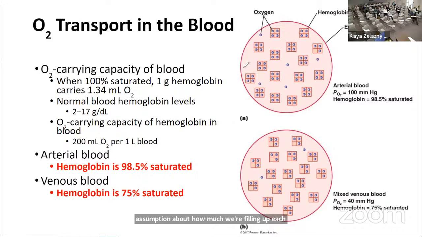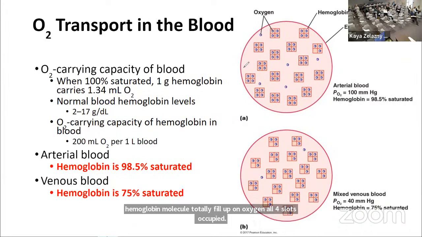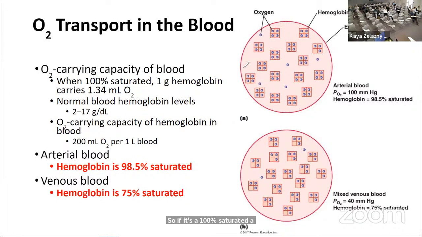So if we are saying that we're going to have every hemoglobin molecule totally fill up on oxygen, all 4 slots occupied, so if it's 100% saturated, a gram of hemoglobin is going to carry 1.34 milliliters of oxygen. And then the normal hemoglobin levels circulating around in your blood are about 12 to 17 grams per deciliter.